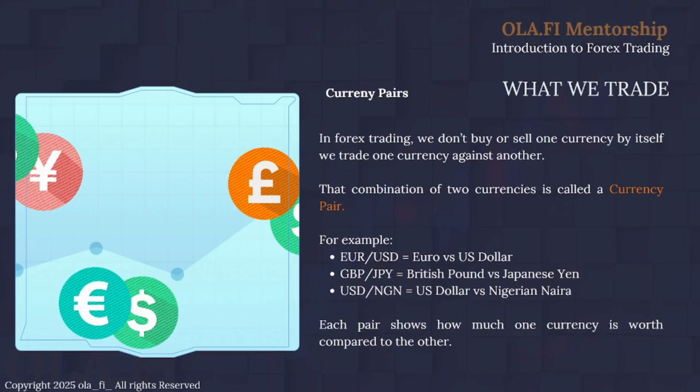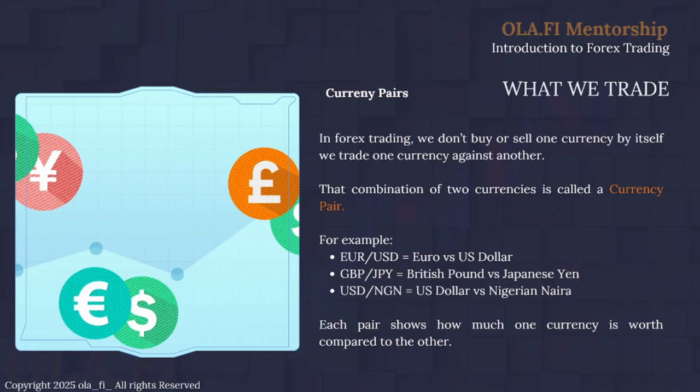You cannot buy without selling, you cannot sell without buying, you cannot give without taking. In the buying of a currency, you are selling a particular currency. So there are always two currencies being transacted at the same time. You're either buying one and selling the other. Because of that, there is something called a currency pair.